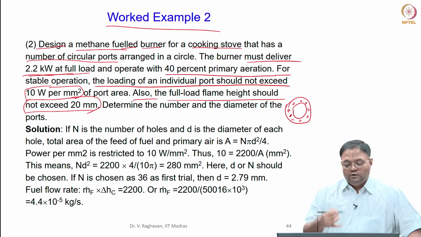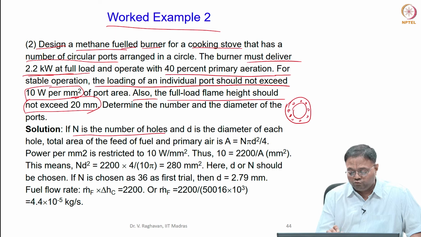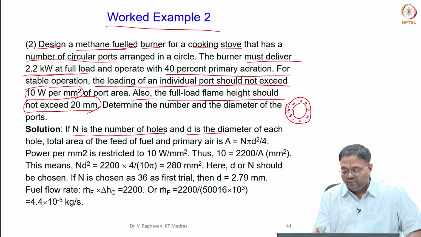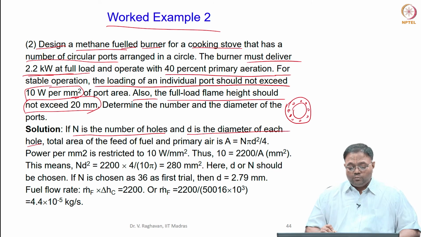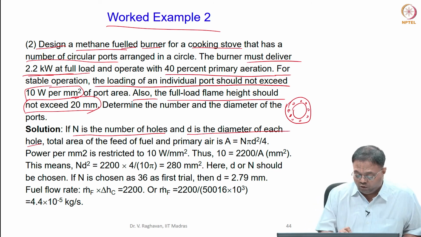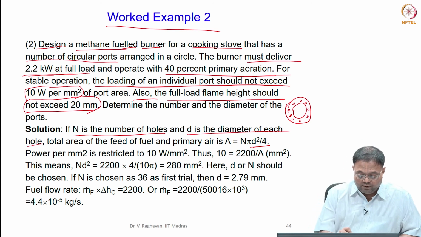So, how will you go about designing this? Let us see. If n is the number of holes and d is the diameter of each hole, then the total area of feed of fuel and primary air will be the number of holes times the area of each hole. That is the total area which is available, in mm square.